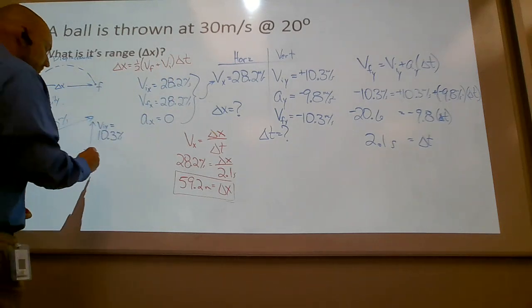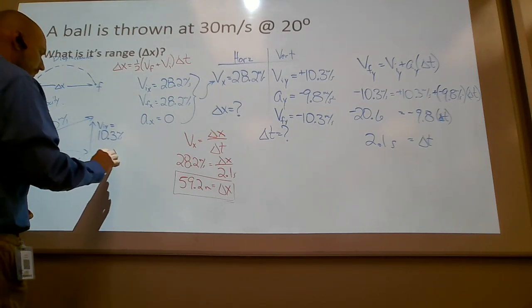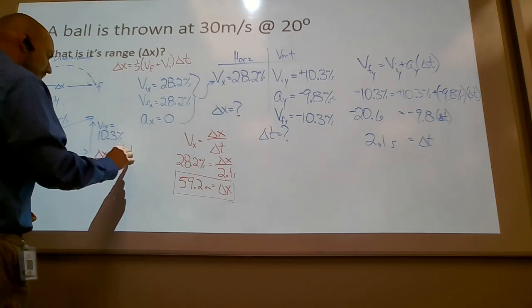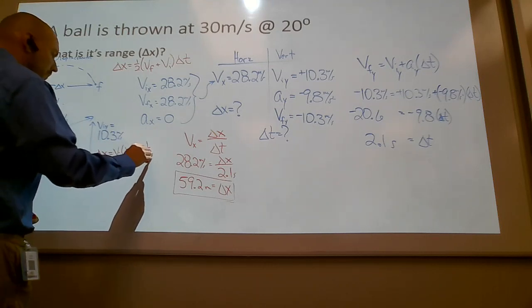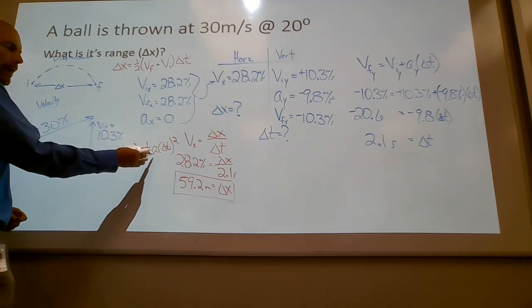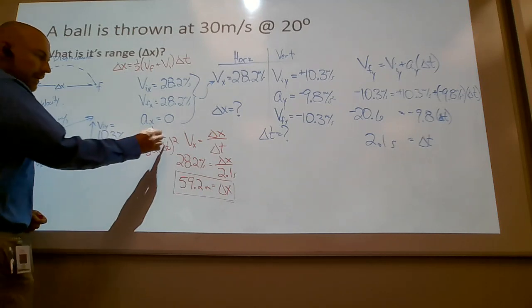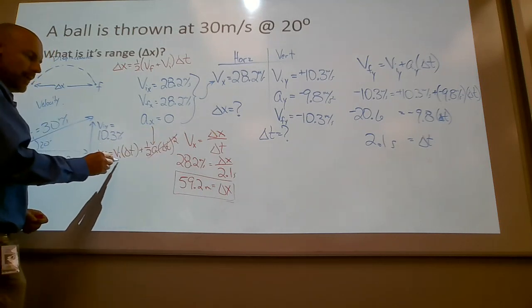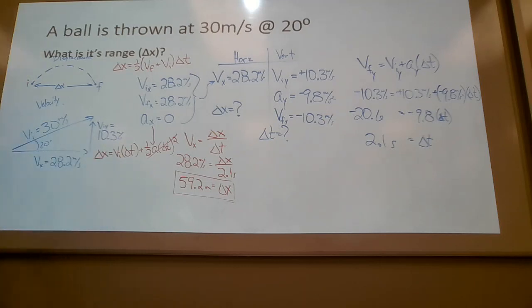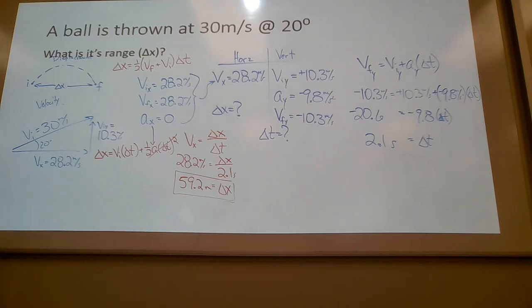Or you could use this equation, and recognize your acceleration is equal to 0, and that knocks that out, so you have 28.2 times 2.1 seconds. Anyway, it's fine. That's my preference, but okay.